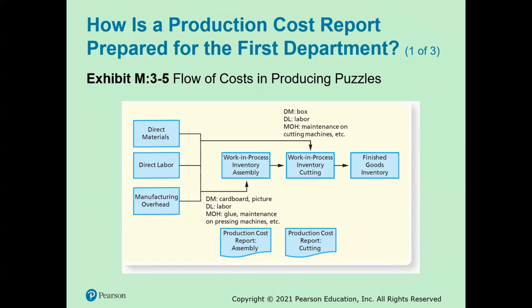In the first process, the assembly department applies glue to the cardboard and then presses a picture onto the cardboard. Then the cutting department cuts the board into puzzle pieces and packages the puzzles in a box.